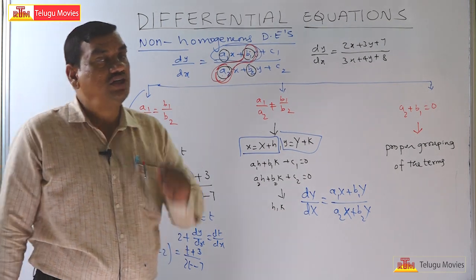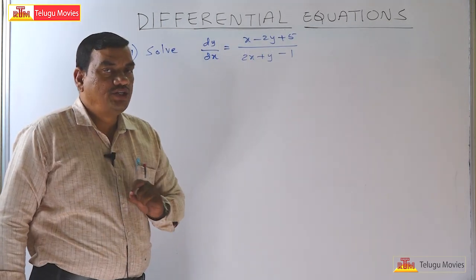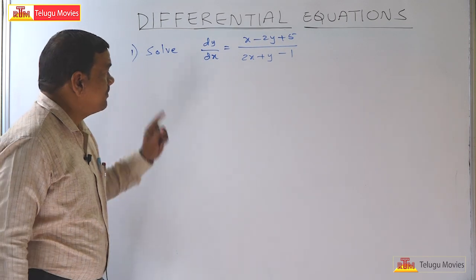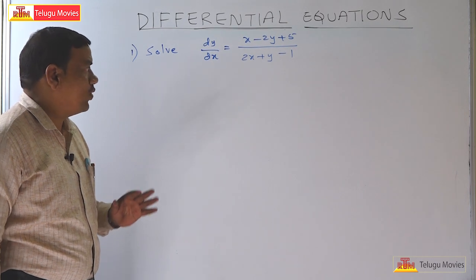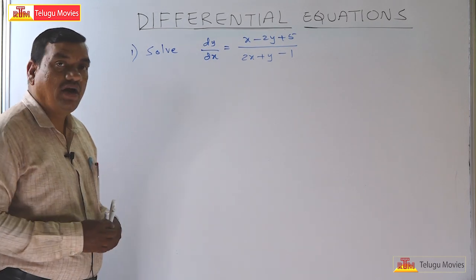Now, let us start the problems. Dear students, welcome to this problem. The problem is dy by dx is equal to (x minus 2y plus 5) upon (2x plus y minus 1).